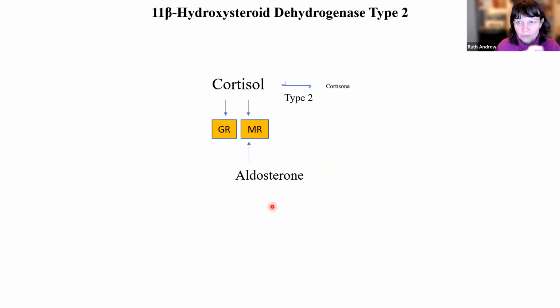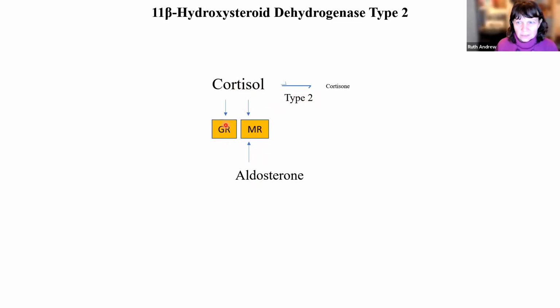So we really want aldosterone to be the key thing that's getting onto the mineralocorticoid receptor. So in tissues where aldosterone should control the mineralocorticoid receptor, there tends to be this type 2 enzyme to inactivate any cortisol that comes along from the blood, so that it doesn't inadvertently get onto the receptor and interfere with your blood pressure control. In cells with just GR, cortisol can act.